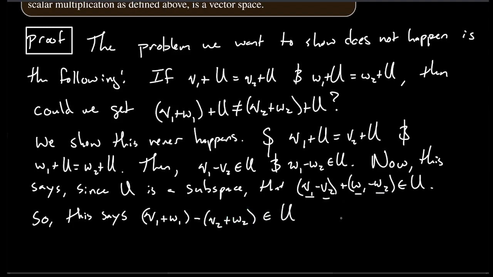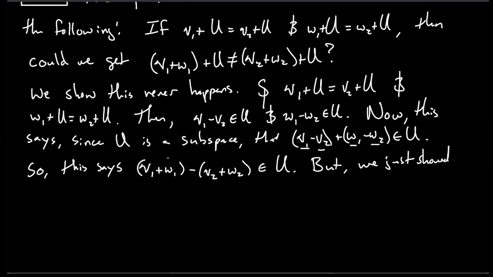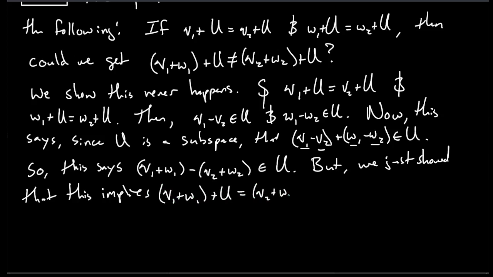I just rewrote this. But we just showed that this implies that v1 plus w1, translating u, is equal to v2 plus w2, translating u. Oh, okay, cool. So addition makes sense.